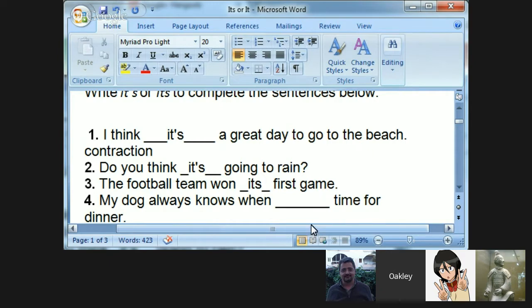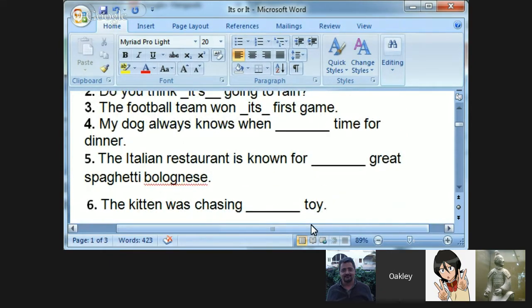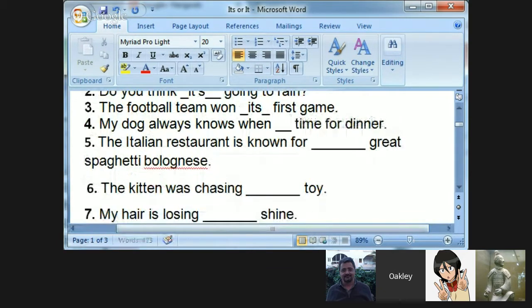Okay, we can do a few more just to check. All right, Eden, number 4. My dog always knows when it's time for dinner. Maybe it's a possessive pronoun.